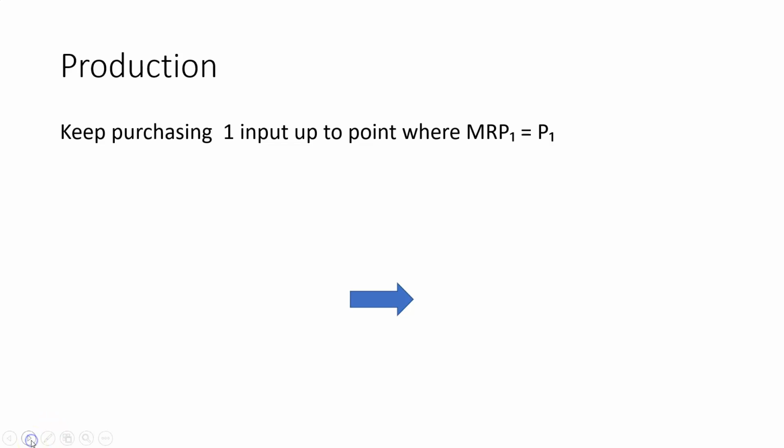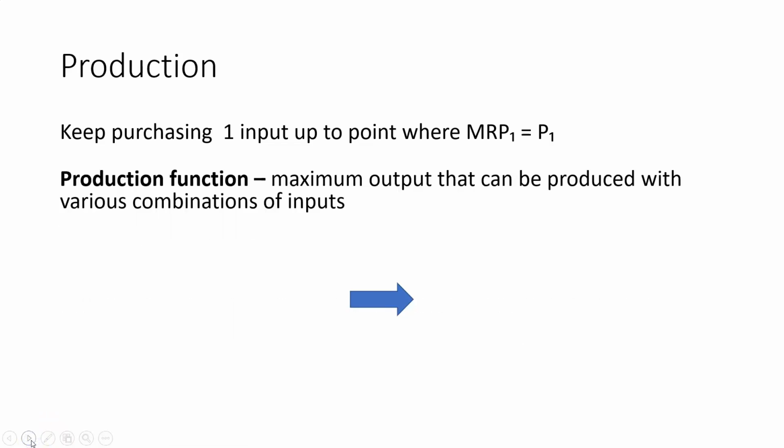Now, we also need to look at the production functions that we have. A production function is various combinations of inputs that give us the same output, that maximize our output. And so when you're trying to decide, if you're Old McDonald and you have 7 tons of fertilizer that you need to put on your ground, you would buy fertilizer up to the point where the marginal revenue product of the last ton of fertilizer equaled the price of that last ton of fertilizer.